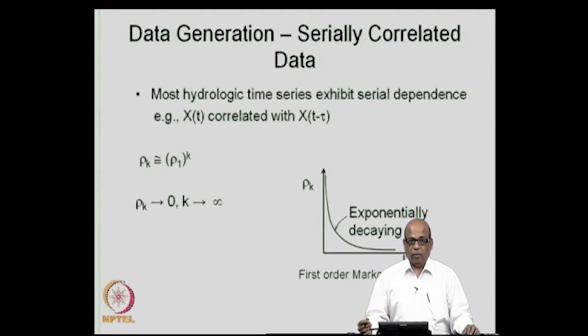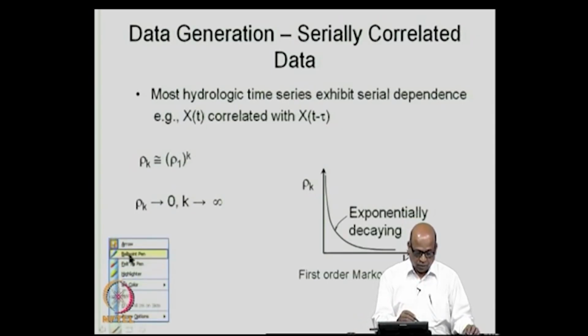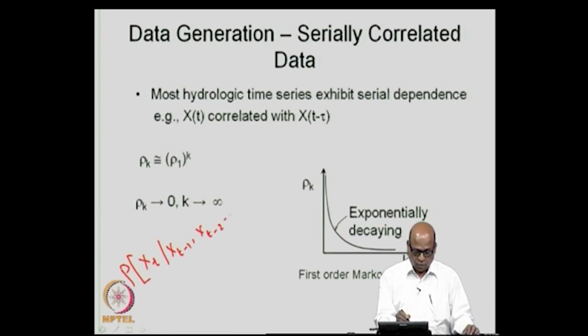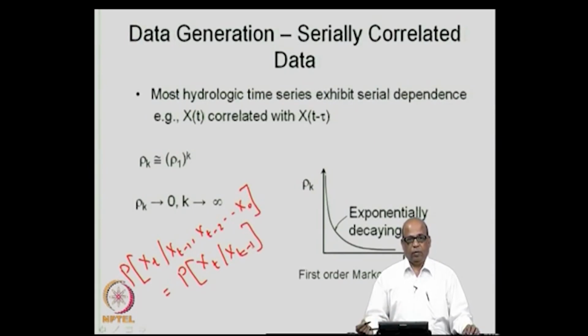We will anyway introduce the formal definition of Markov chains later on, but more formally we denote a first order Markov chain as follows. If you have the probability of x t given x t minus 1, x t minus 2, and so on up to x naught, which is the complete history of the process, and we can approximate this as the probability of x t given x t minus 1, then we use the first order Markov chain or Markov process.